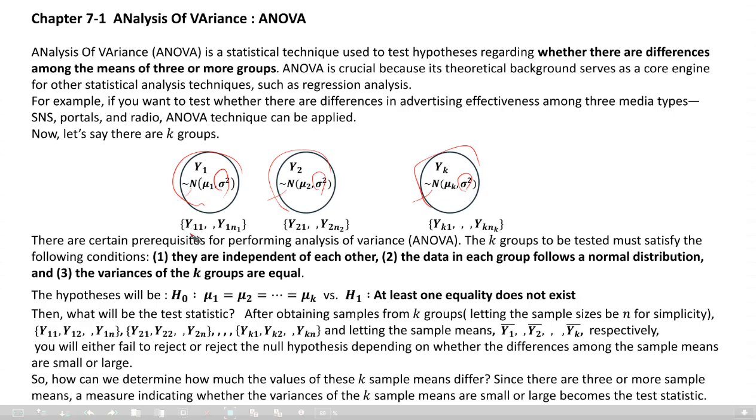And we will obtain this kind of samples from each population. So sigma square, sigma square, sigma square, sigma square. So we have to estimate sigma square, only one value, from these samples.